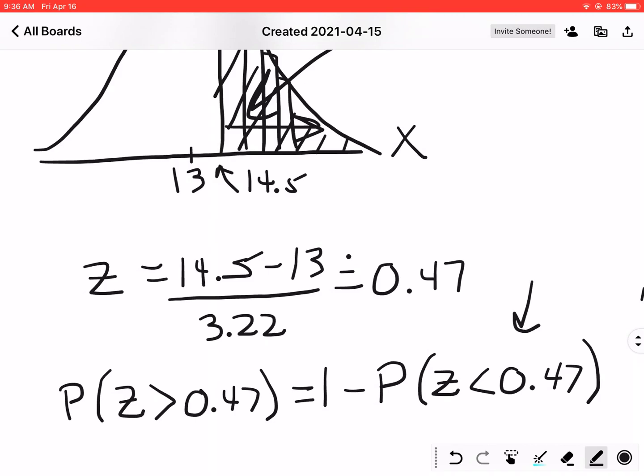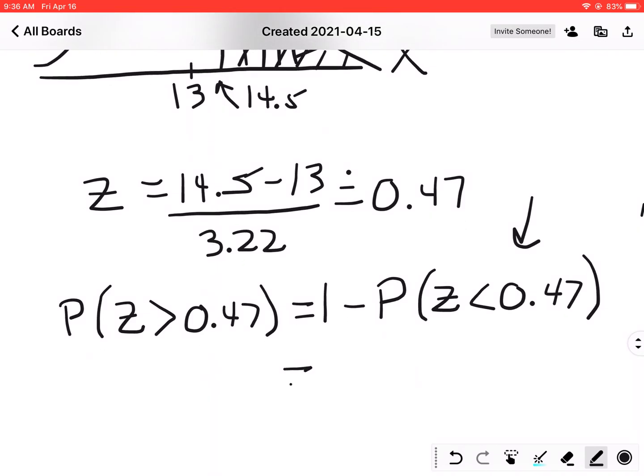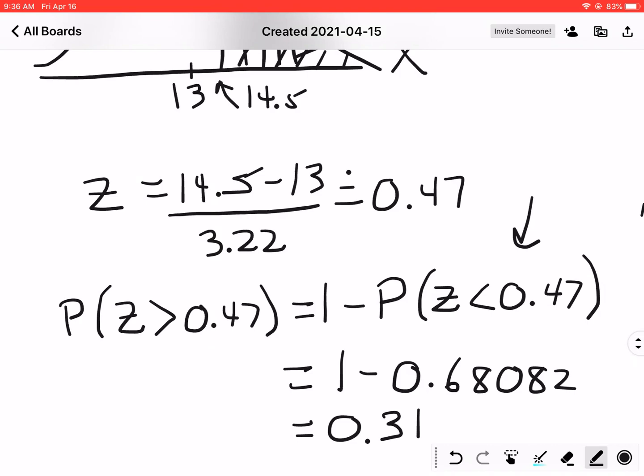This is what we look up, and when I look that up, I get 0.68082. And when I subtract those, I get 0.31918.